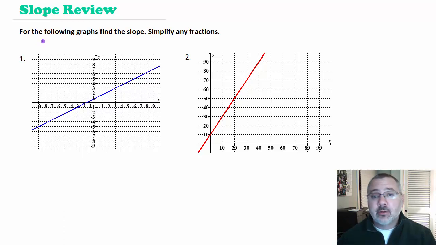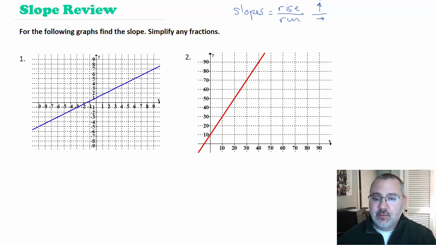Today we're going to do a little bit of review on slope. Now, you've seen slope before, so hopefully this is just going to be a refresher. Well, slope, when we deal with lines, is when we talk about what's called the rise over the run. The rise is going up, the run is horizontal movement.